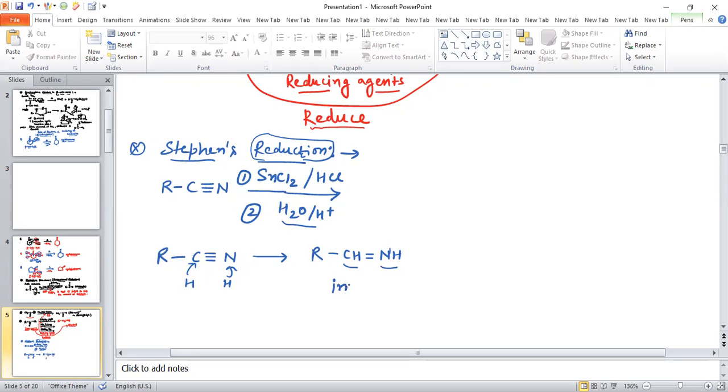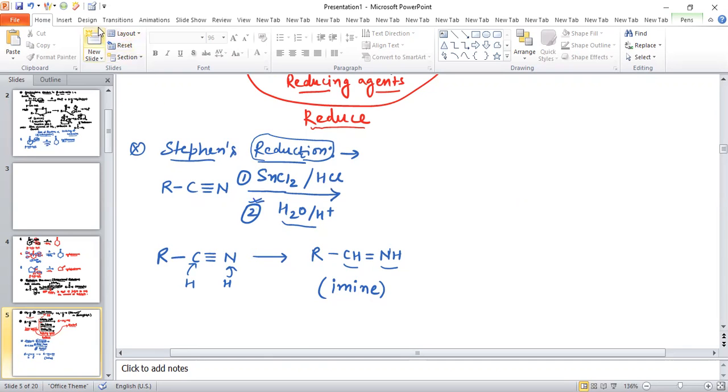When there is CH double bond NH, we call this compound imine. Now this is basically after the first step. Now in the second step, hydrolysis takes place.